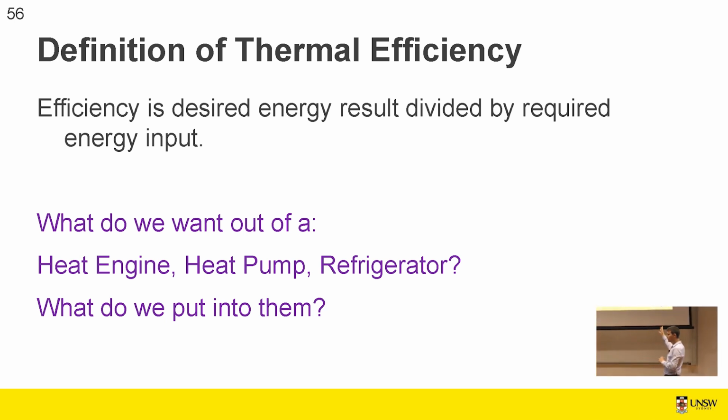I'll talk about heat pumps soon. Strangely, you don't want heat out, but that's okay. What do you want? What's the flow that you're measuring as being a good result? It gets cold, that's good. Yep, so the heat out of the cold space is what you measure as what you want out of the refrigerator.